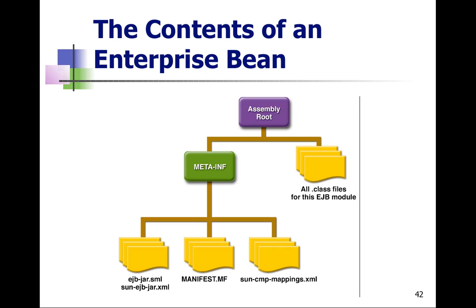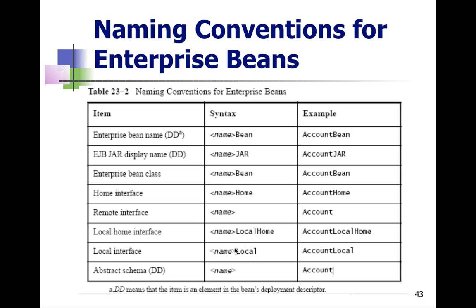So our assembly root has all of our class file modules in it, and has our meta information that's going to keep track of and encapsulate the mappings, the configurations, the definitions, the descriptors, their interfaces, all the different pieces that are going to go in there. And here are some naming conventions for enterprise beans, and these are just conventions. The DD means that the item is an element in the bean's deployment descriptor. DD is abbreviated for deployment descriptor.